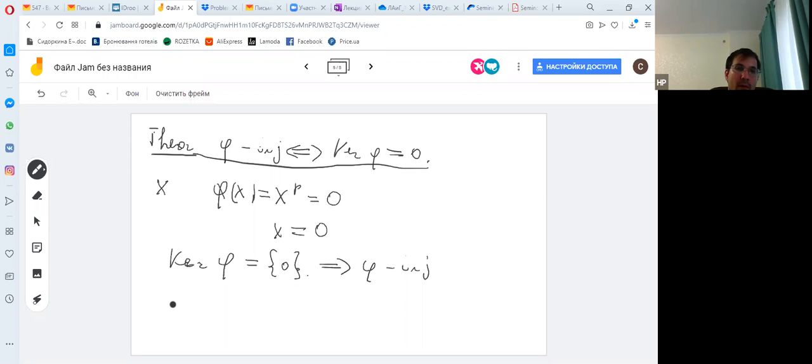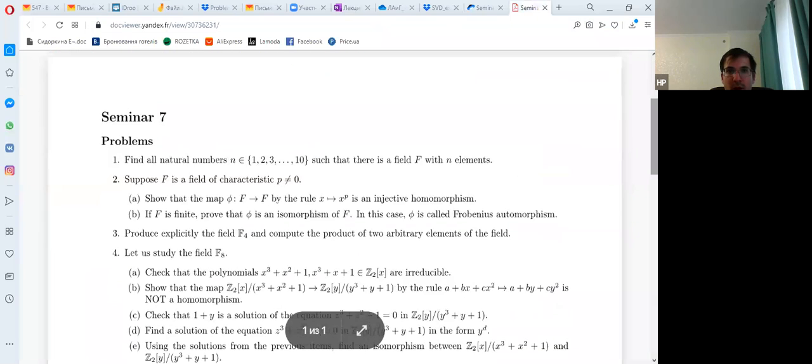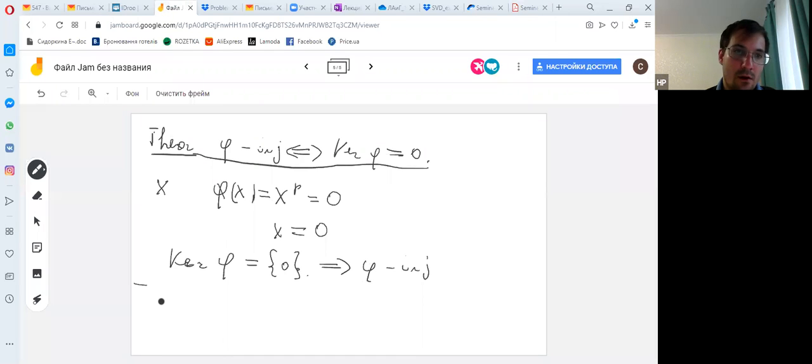And now the last part of our task says that if F is finite, then phi is an isomorphism. It's rather simple because we know that phi from F to F is an injection.